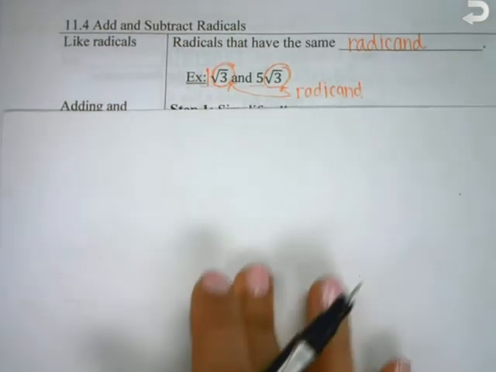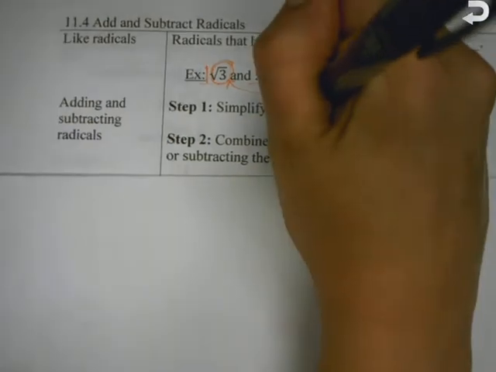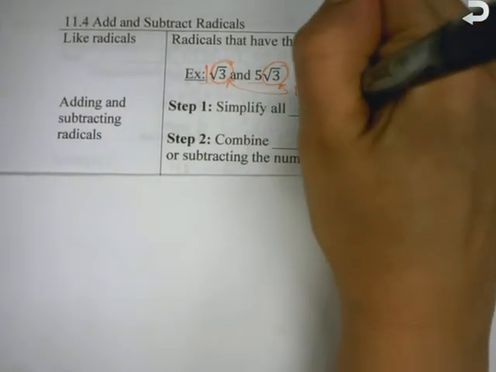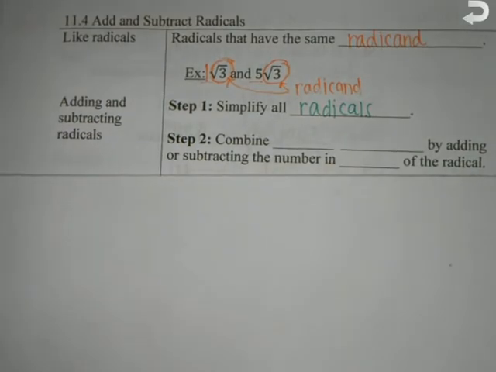So, adding and subtracting radicals. Step 1. What you want to do first is simplify all of the radicals. So simplify all radicals first, because that's going to tell us if we have like radicals, when they're in their simplest form.